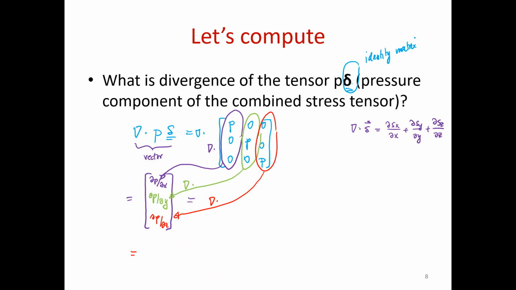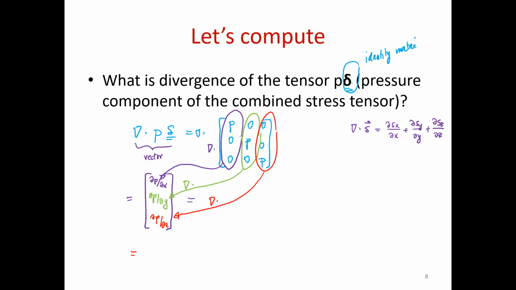Gradient of p, yes? Why do you not keep it in the 3x3 form? This is a tensor, my pressure component of the combined momentum. Why isn't it just filled with zeros?